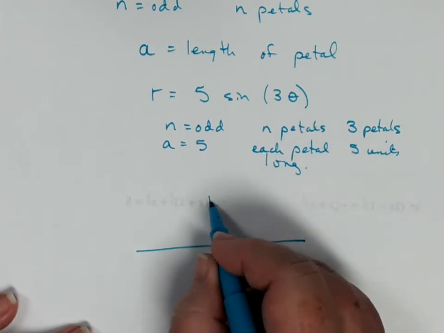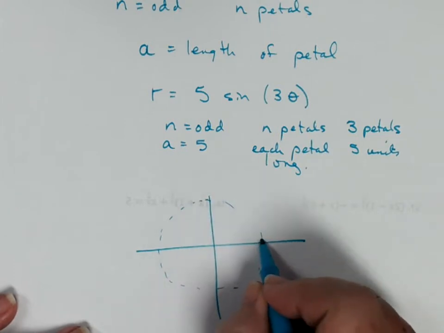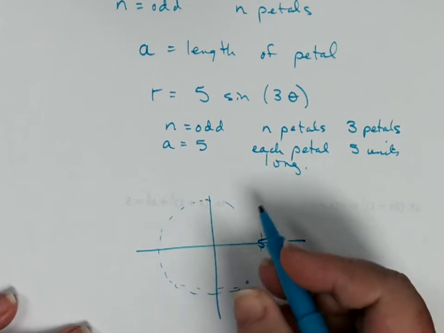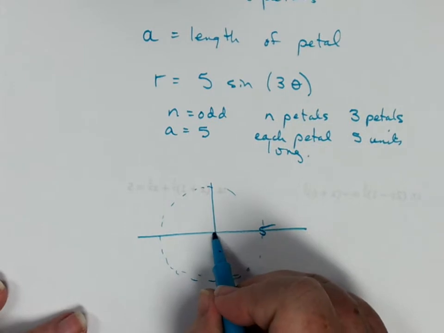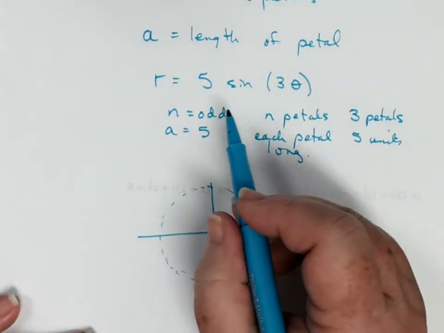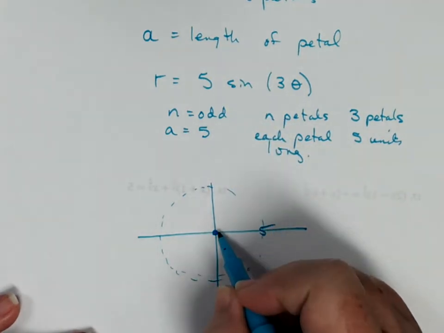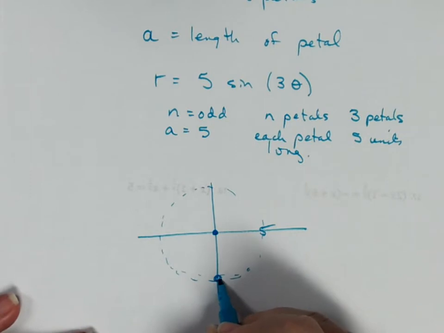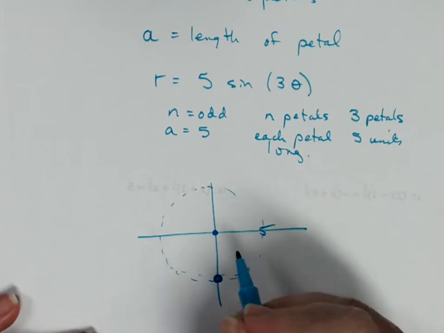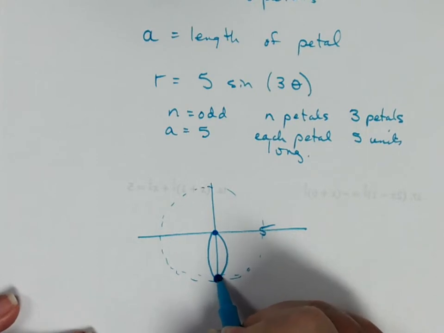So I could kind of draw myself a little circle at 5. And I know that all 3 of the petals are going to go through the origin at some point. This is a little different because this is actually positive. It's symmetric here. And so that first petal where the symmetry is going to come in is here.